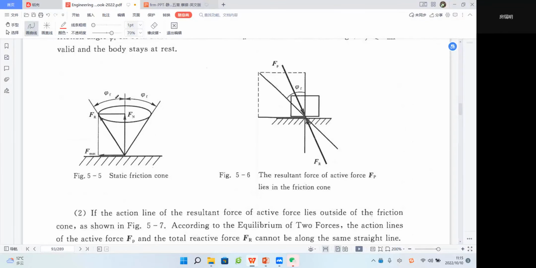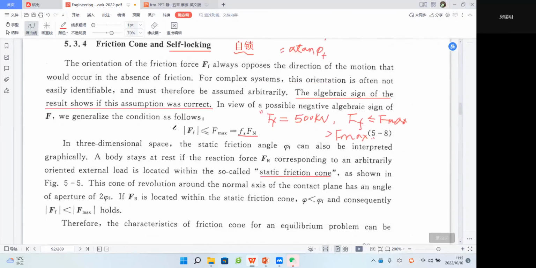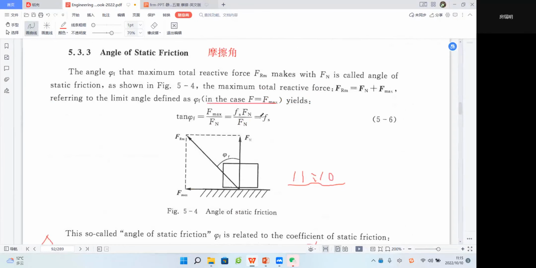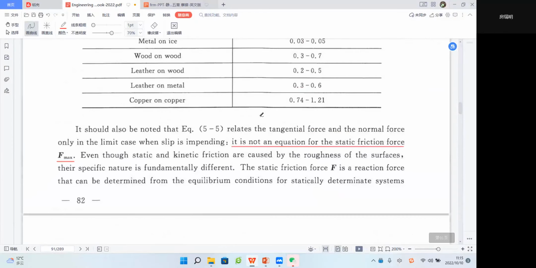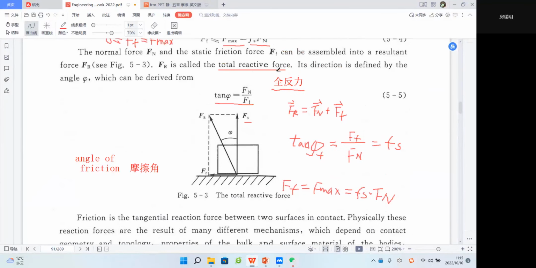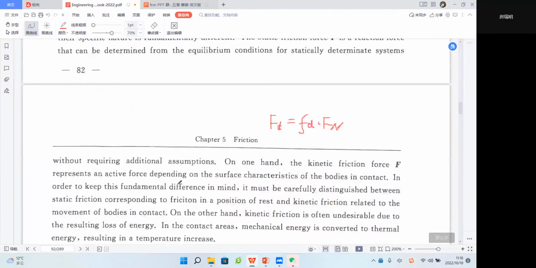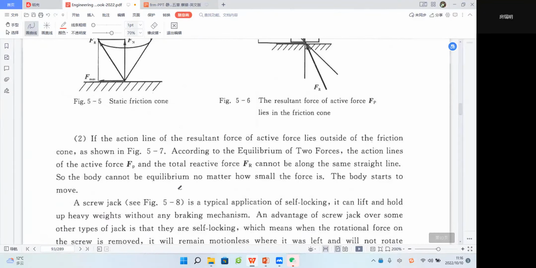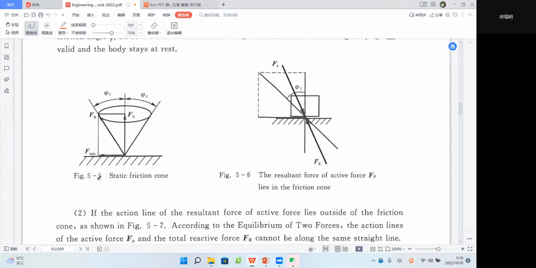Do you still remember what we call FR? We call that the total reactive force, FR. It is the resultant force of Fn and Ff. So from this, we have Fn and F max.